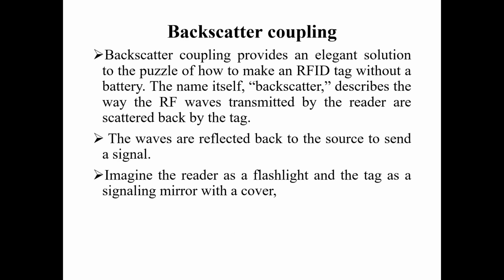The first and foremost is backscatter coupling. Backscatter coupling is a far field communication method where an RFID tag reflects or scatters the electromagnetic waves sent by the reader back to it, after modulating the signal to carry data.